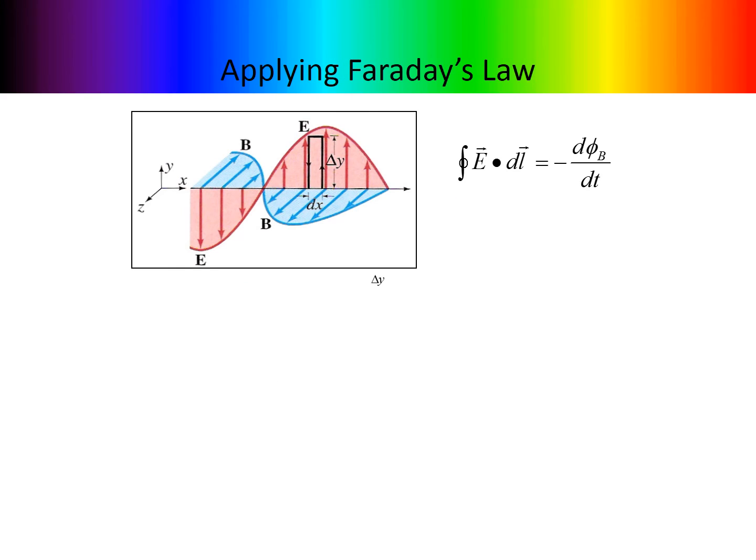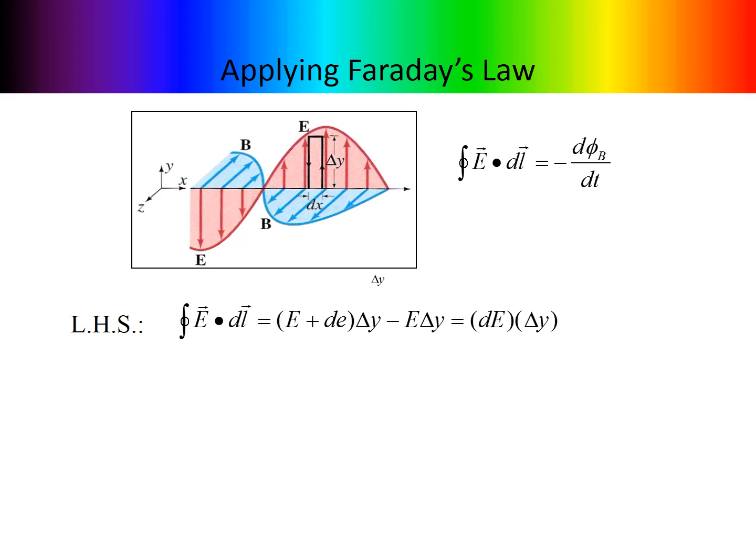Okay, so for the top picture, we're applying E dot dl equal to changing magnetic flux. First we're going to analyze the left-hand side, and then the right-hand side. For the left-hand side, E dot dl, automatically we see that on the top and bottom of our integration path, the electric field makes a 90-degree angle with the path.